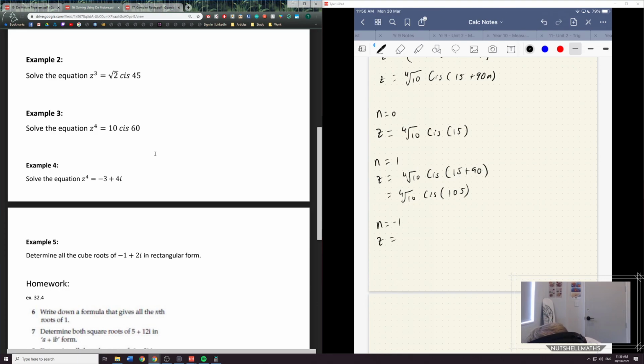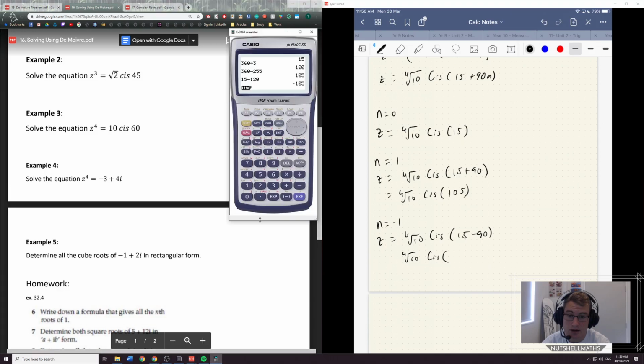z equals 4th root 10 cis (15 minus 90), which is 4th root 10 cis, I need a calculator, 15 minus 90, minus 75. And I can also think about this: I keep going down 90 as I'm going down in n.